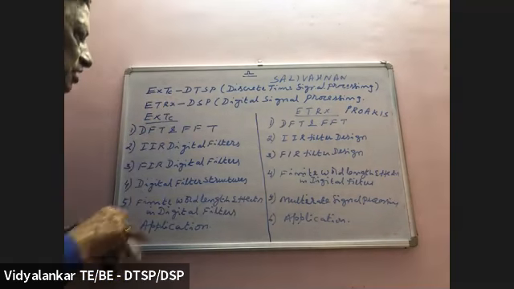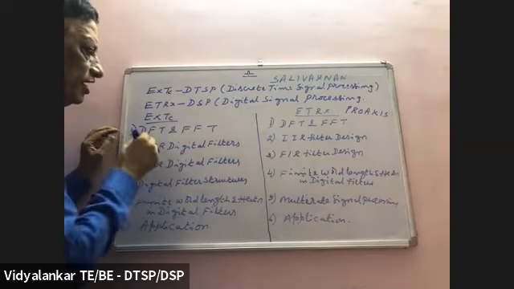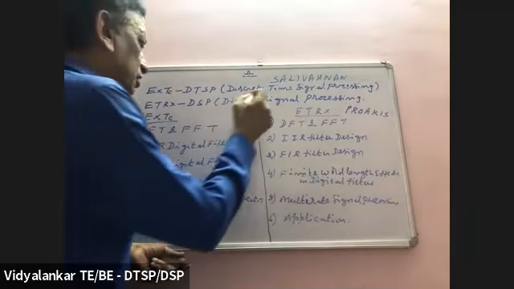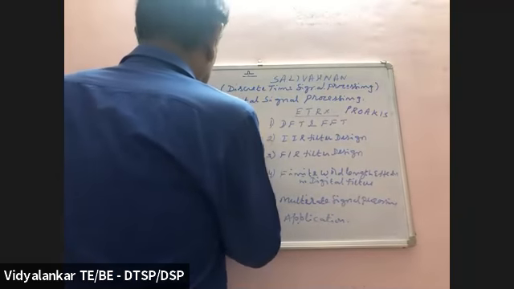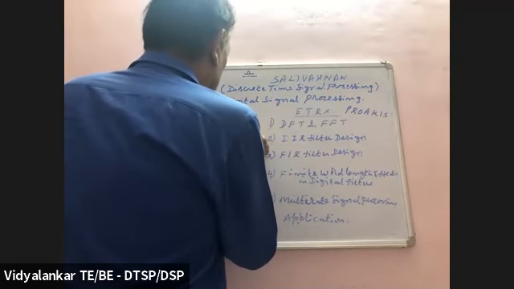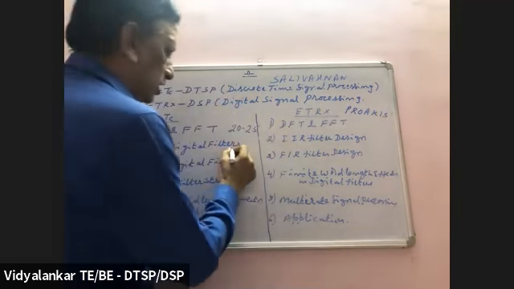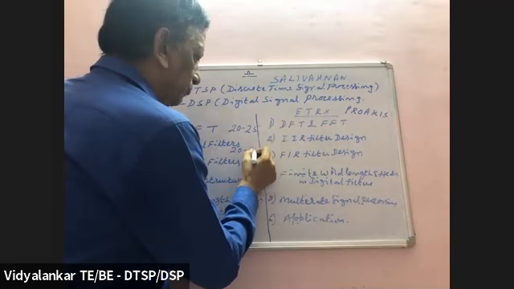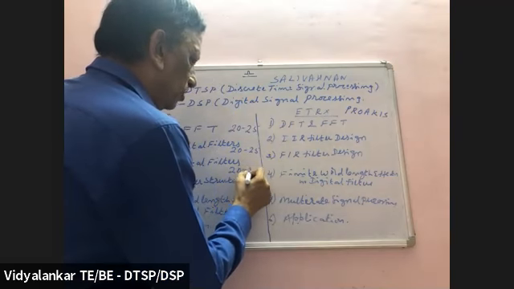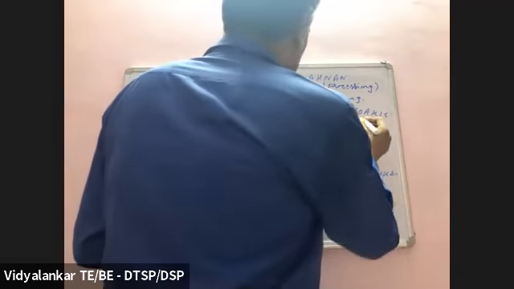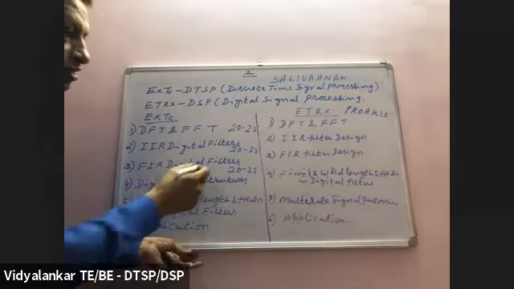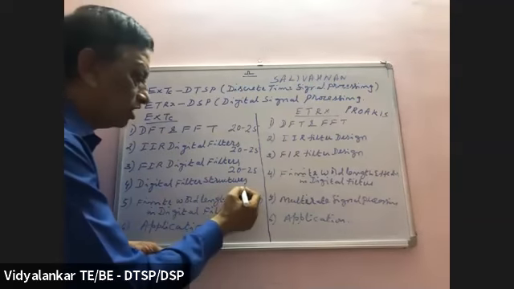Okay, very good. DFT, FFT is 20 to 25%. This is also 20 to 25%. This is also 20 to 25%. Remaining ones are 10%.